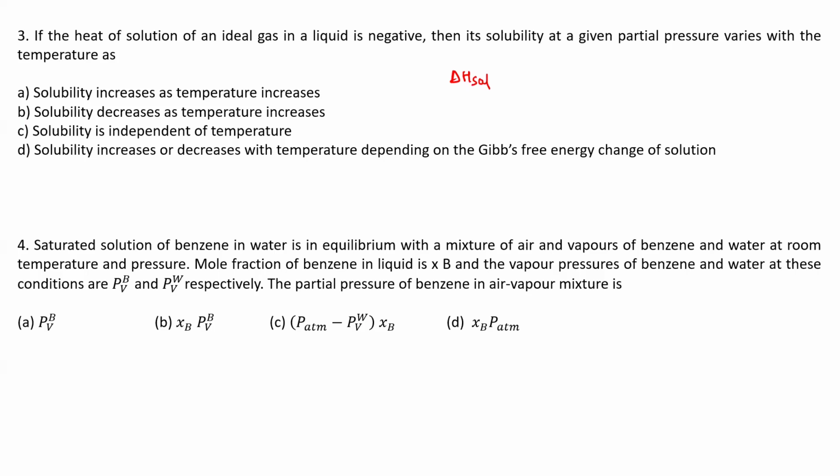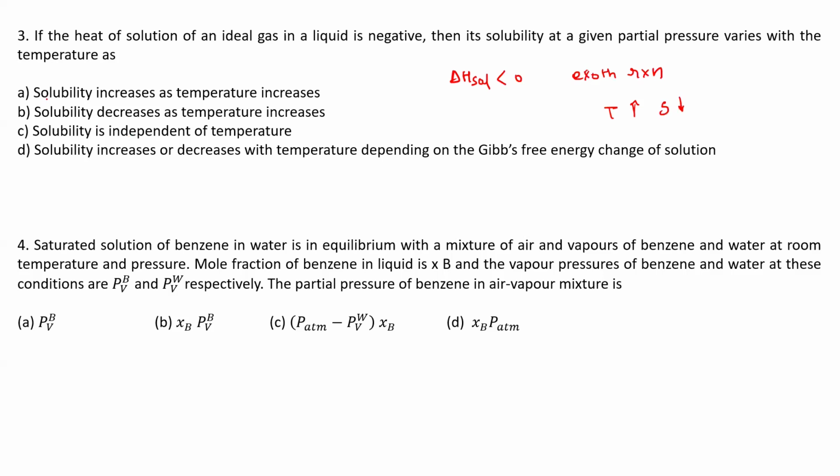So that is negative. It implies the making of solution is an exothermic reaction. So as we increase temperature, that is not favored by the exothermic reaction. So the reaction is decreasing. Okay, the reaction is not favored. It implies the solubility is decreasing.